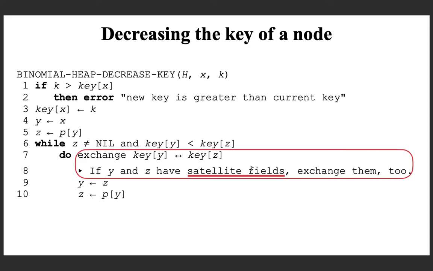For example, suppose a node is representing a student, the key value could be the total marks scored by the student. And here satellite fields means other properties of a student, like the name, roll number, and all other attributes. They are called satellite fields.